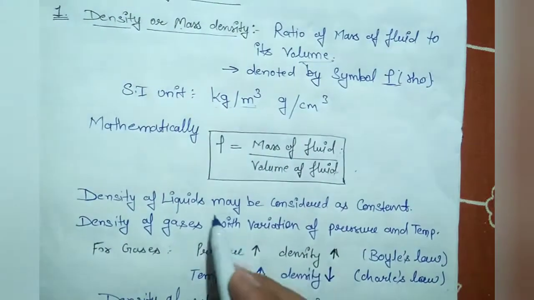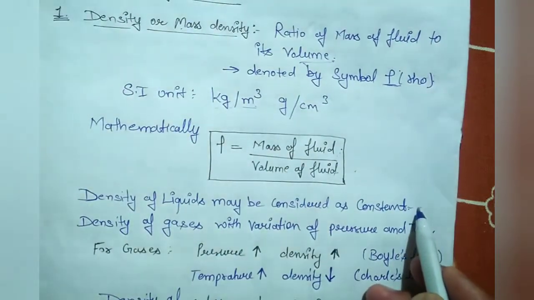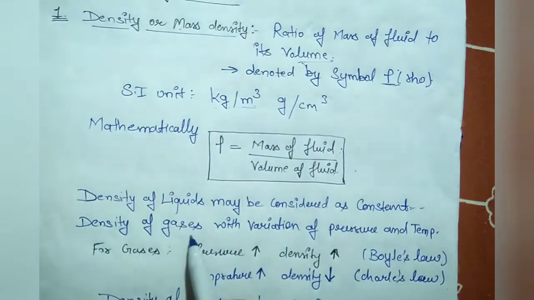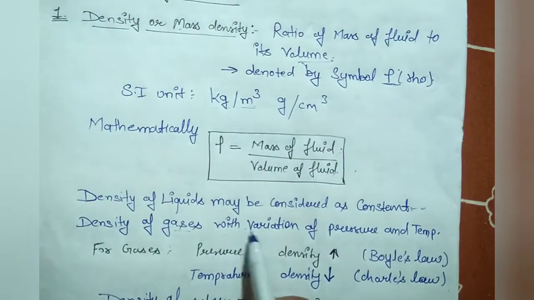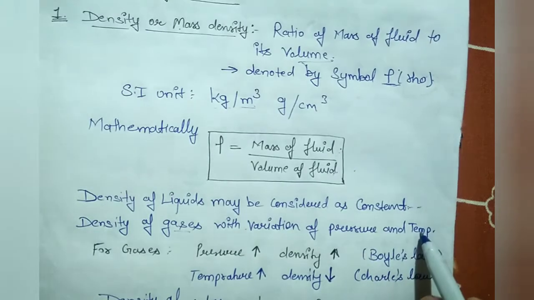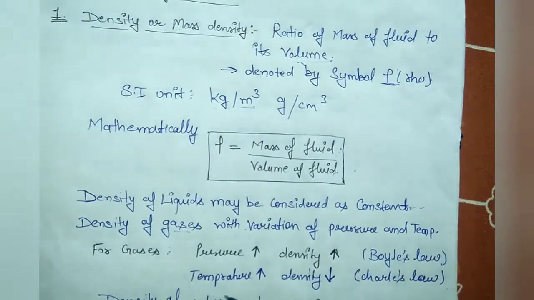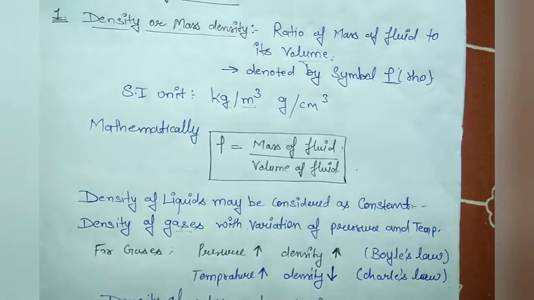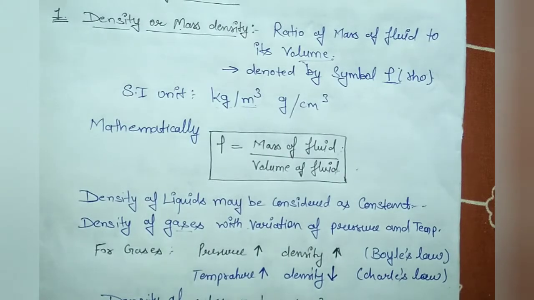The density of a liquid may be considered as constant, while the density of gases varies with variation of pressure and temperature.